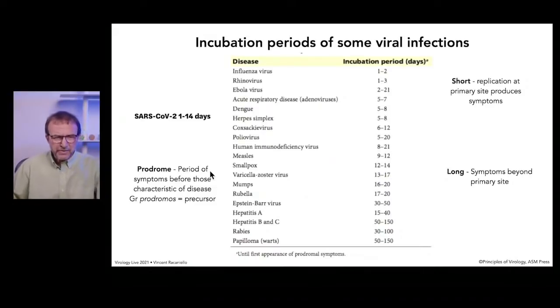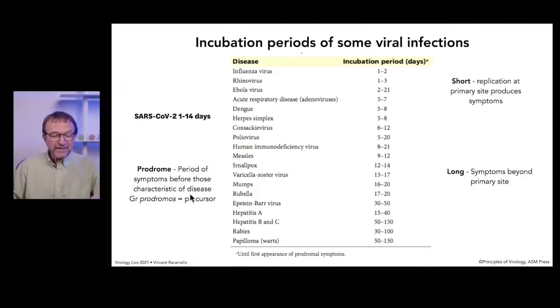Another word that you may hear is prodrome. I'm not going to use it anymore, but just in case you see it in the literature, it's the period of symptoms before those characteristic of the disease. It's from a Greek word prodromos, meaning precursor. And what does that mean?